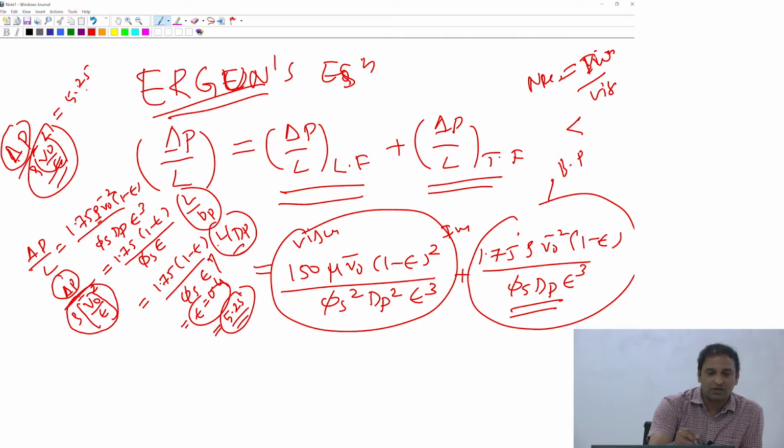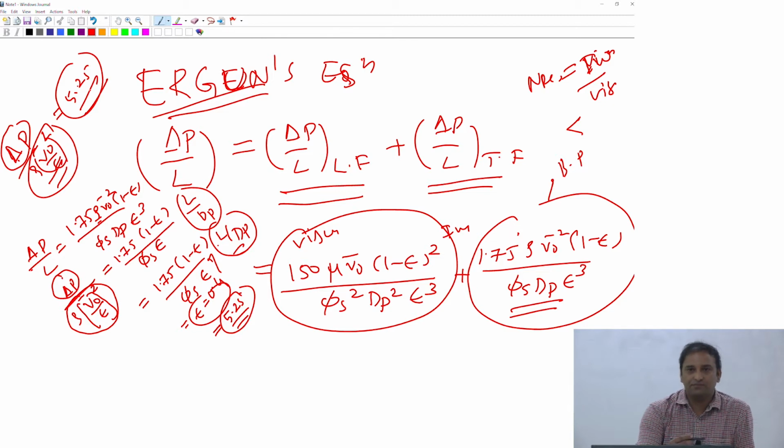The fact that this is a much larger number tells us that the kinetic energy losses in the packed bed, because of the change in the cross-sectional area of the conduits through which the liquids are flowing, plus the change in the direction of the fluid, lead to much higher kinetic energy losses in flow through packed beds. Okay, that's what I wanted to say.